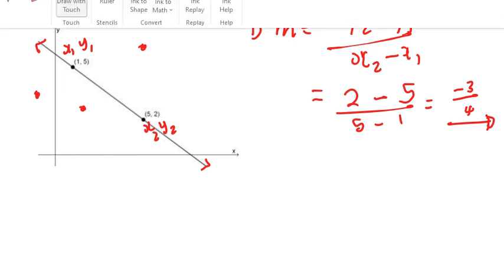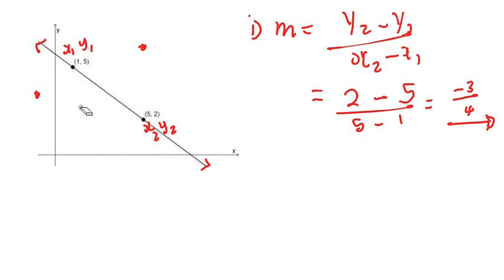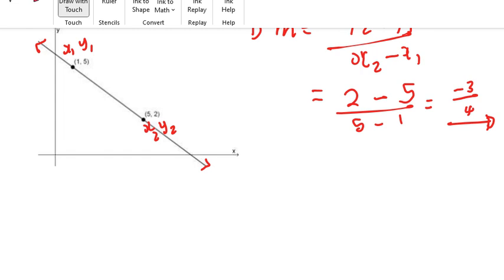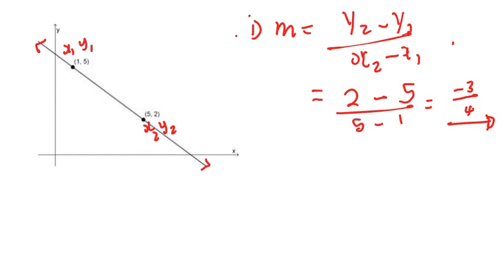Then here comes the important question. How can we get the equation? We found our gradient. So now, how can we find our equation? y = mx + c.